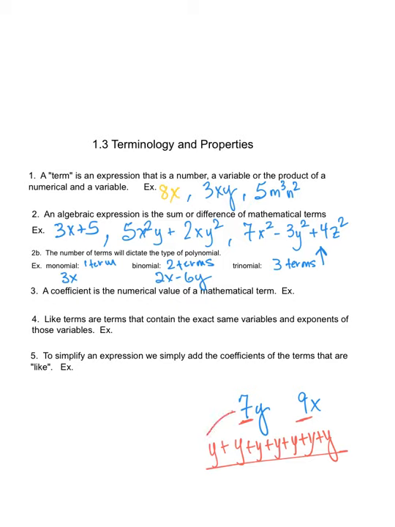That's the significance of a coefficient. It tells you how many of something you have. You want to write that in your notes and remember that. Okay? A coefficient tells you how many of something that you have.